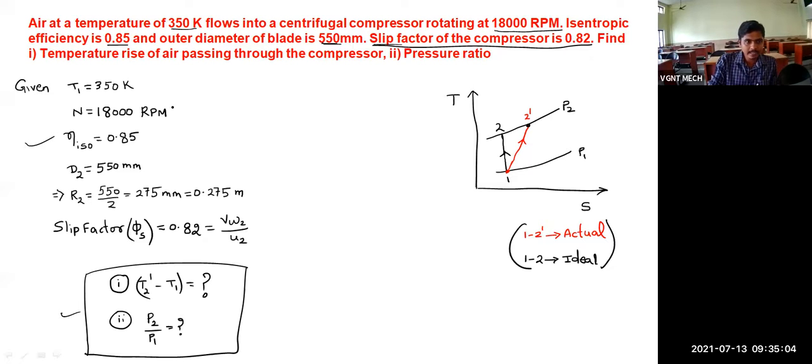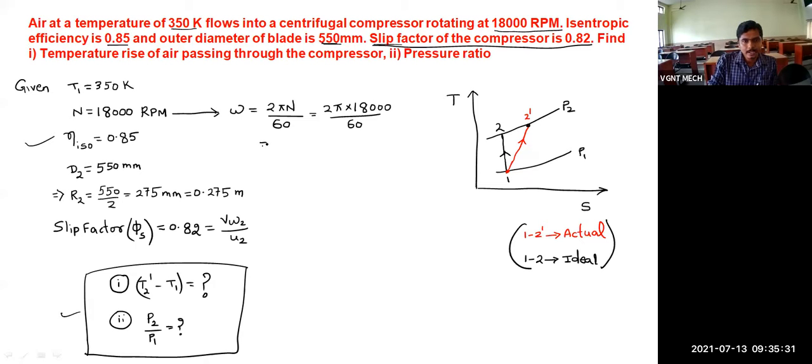Now what will happen here? N is given 18,000 RPM. So what is omega? The formula of omega is 2 pi N divided by 60, which is equal to 2 pi into 18,000 divided by 60.